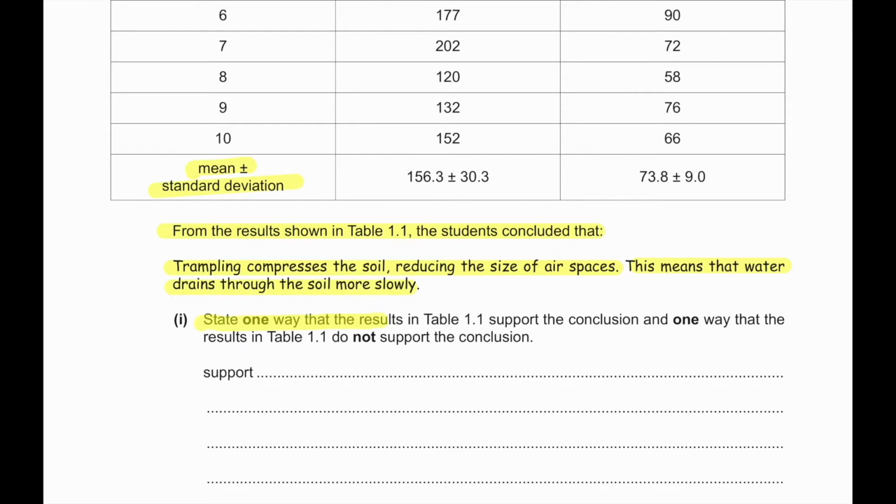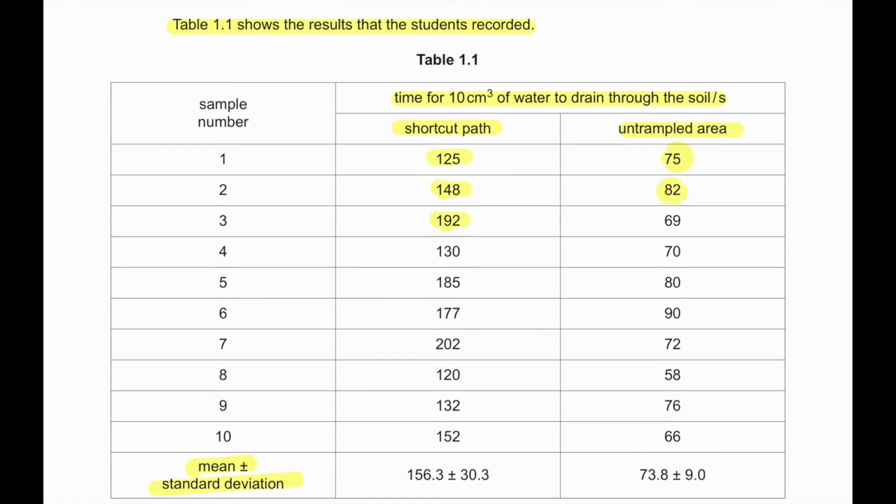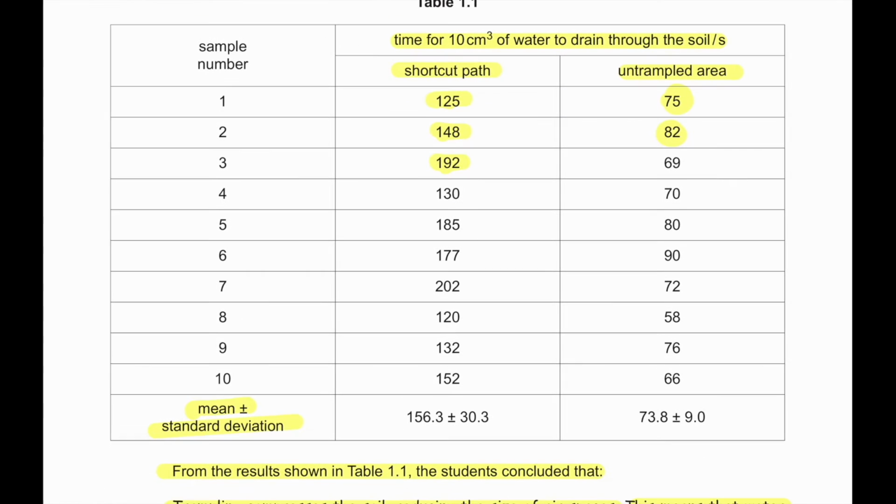State one way that the results in table 1.1 support the conclusion and one way that the results in table 1.1 do not support the conclusion. So in favor, every time in the trampled area, water drains through the soil more slowly than in the untrampled area. We can see that in every one of them it is slower.